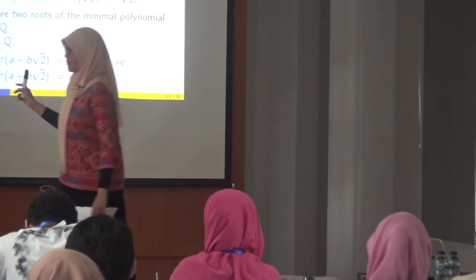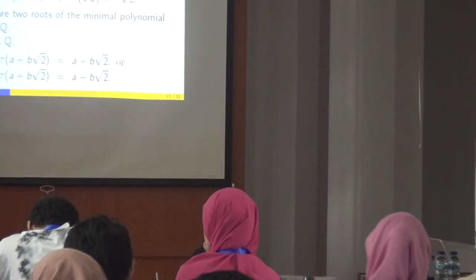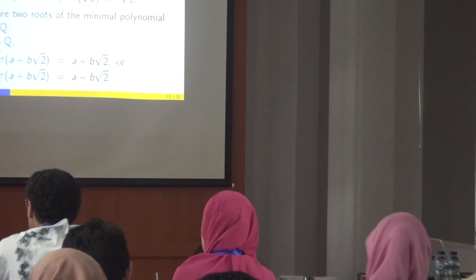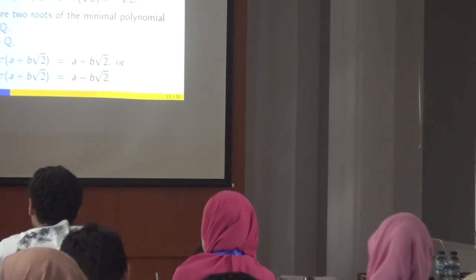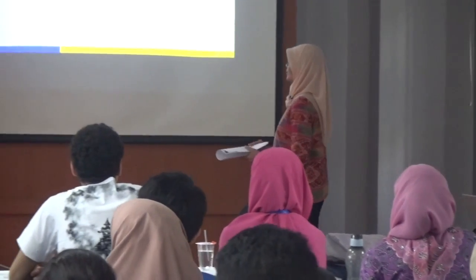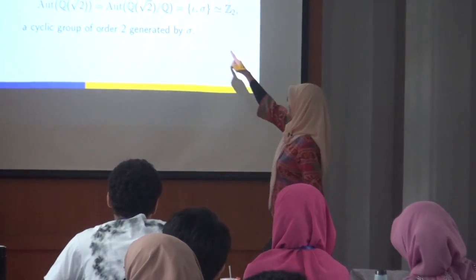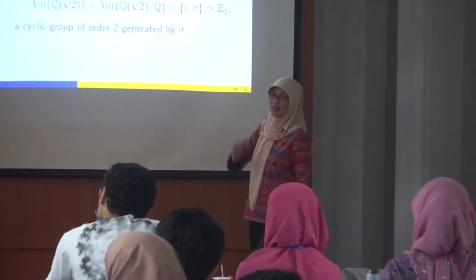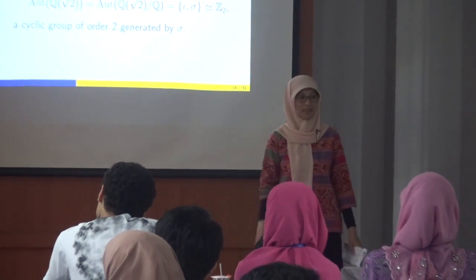It will be positive if we use this one, and negative if we use this one. So this is the possibility of the automorphism in this extension of field. This is what I said before. So this Aut Q square root 2 only has two elements, and it will be isomorphic with this Z2.